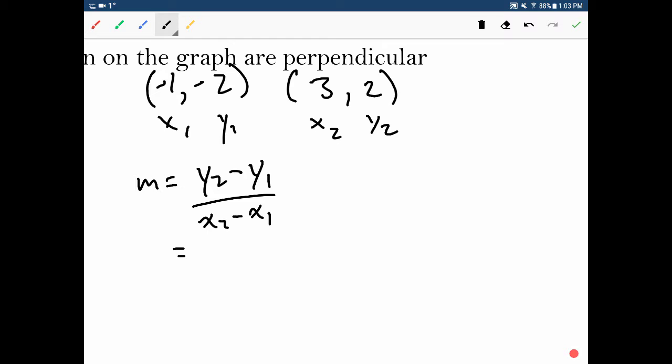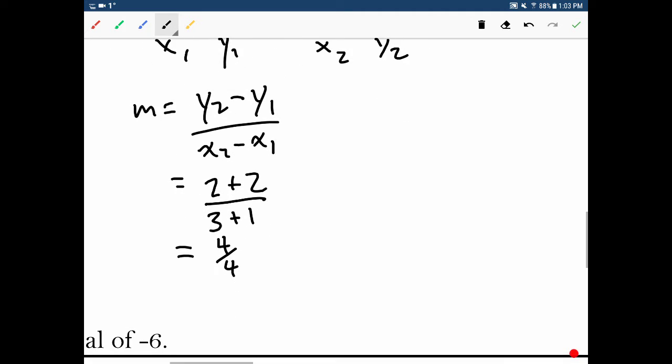So we have 2 minus negative 2, so I'm going to call it plus 2. Hopefully I did it right this time. And then I've got 3 minus negative 1, so I've got plus 1. All right, so that's going to give me 4 over 4. And this one is indeed equal to 1.